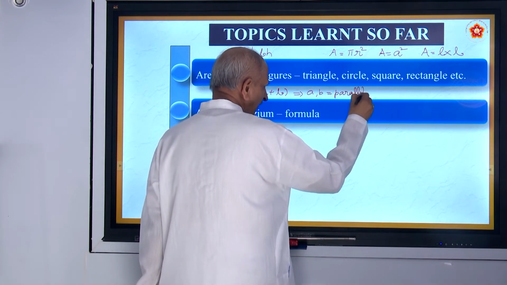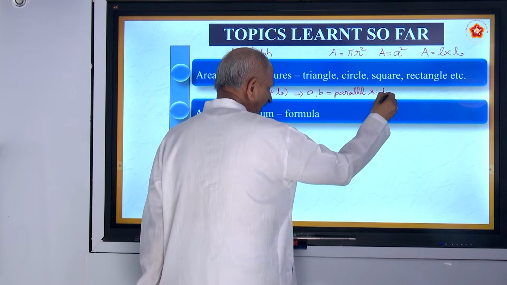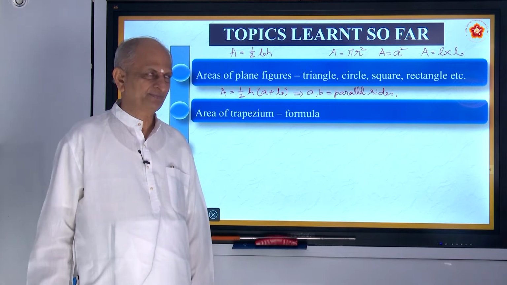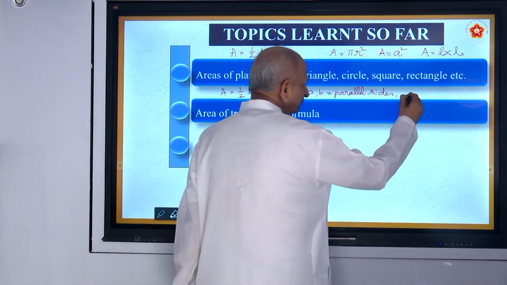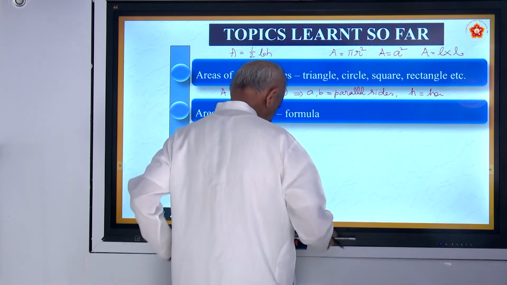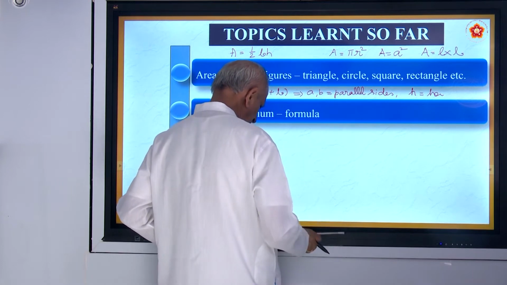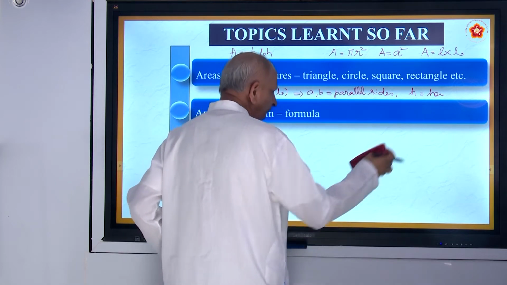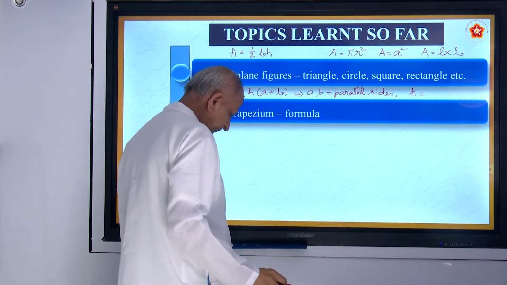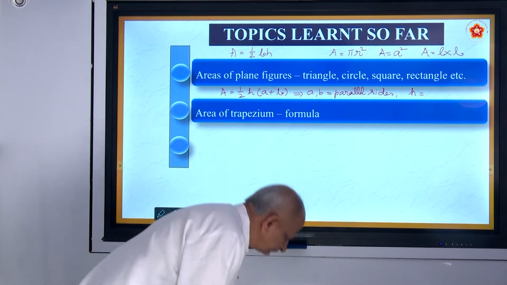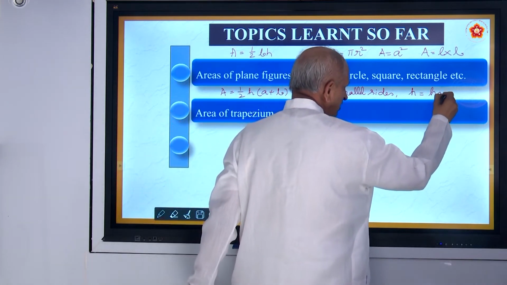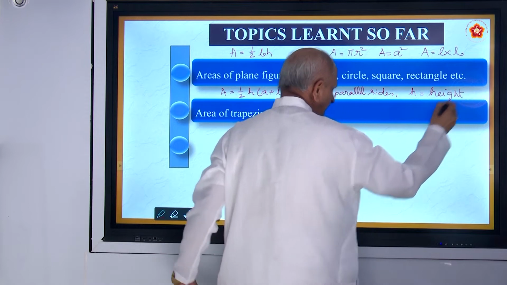How many parallel sides will be there? One pair, correct? What is h? h is the height. We have already seen in our previous class this area of trapezium, given by half h into (a plus b), where h is the height.